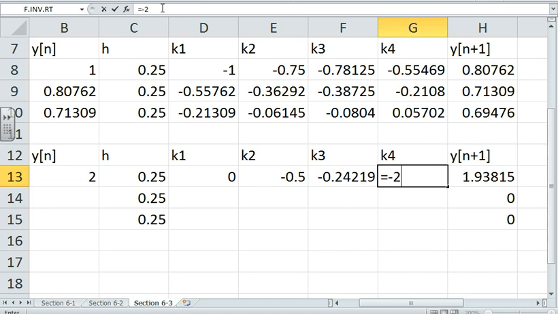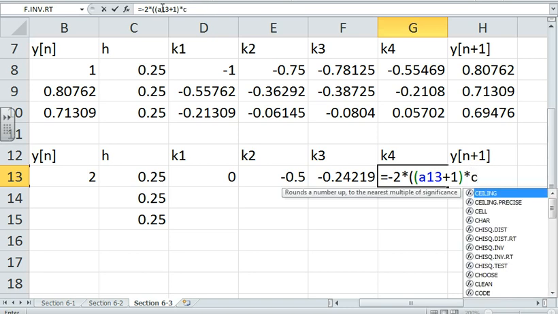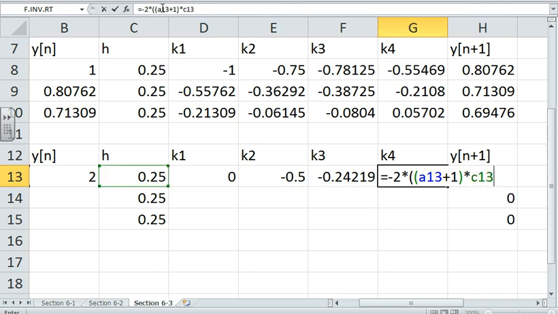Minus 2 times parentheses A13 plus 1 close parentheses times C13, close parentheses times parentheses YN, which is B13, plus C13 times K3, which is F13.